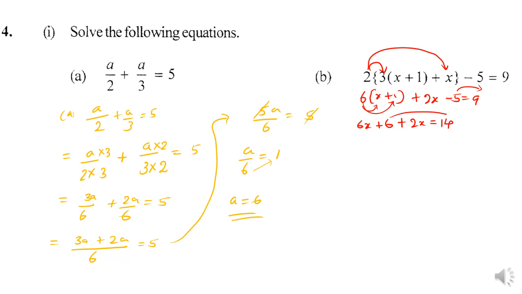Then we can take this 6 also to the right side and add these 2. This is going to be 8x equals 14 minus 6. So 8x is equal to 8. So we can divide both sides by 8, and then you get x is equal to 1.